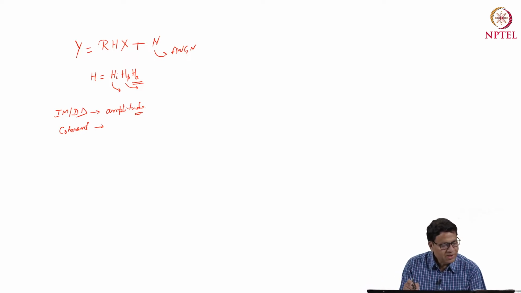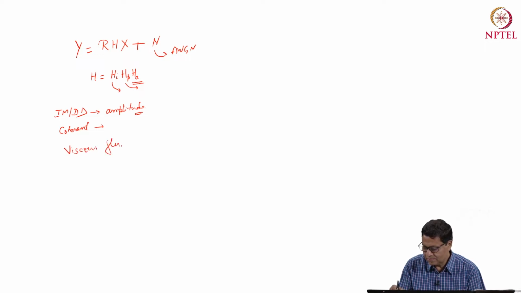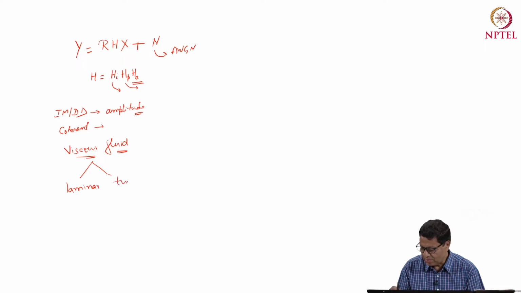So the atmosphere basically consists of, you can call this, a viscous fluid. And in this viscous fluid, there are two types of flow. One is laminar, the other one is turbulent.